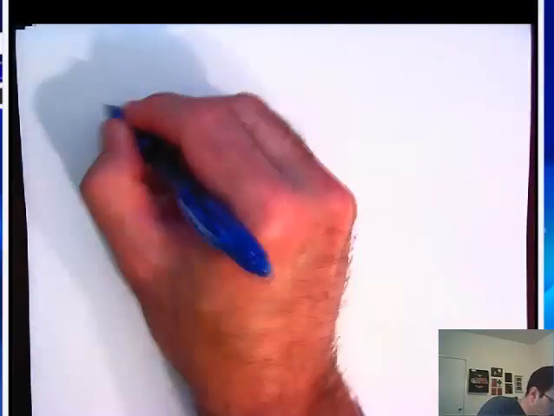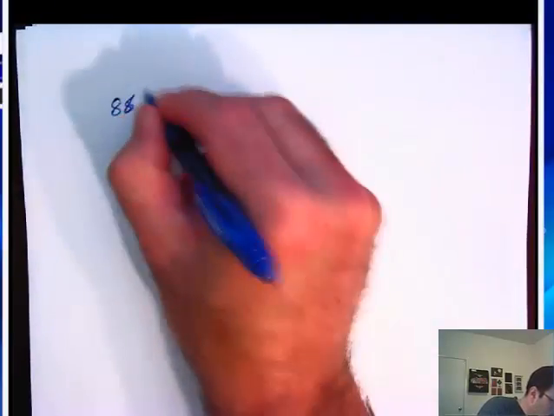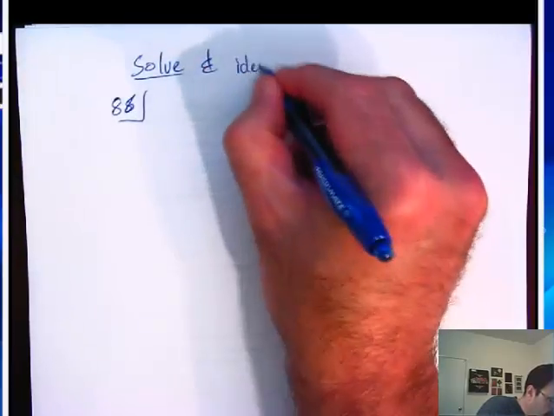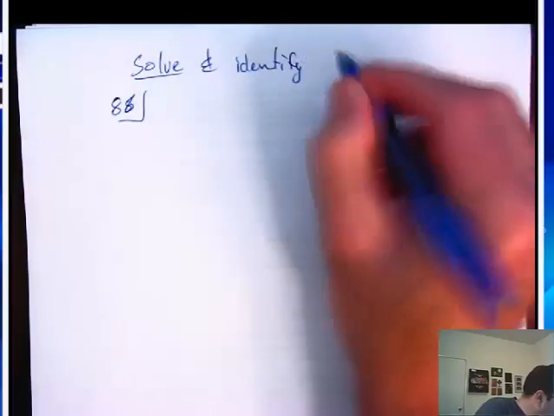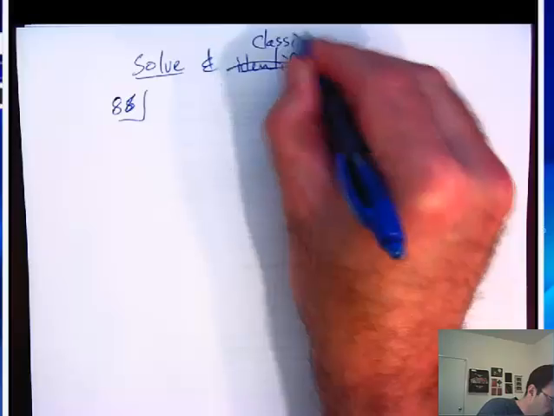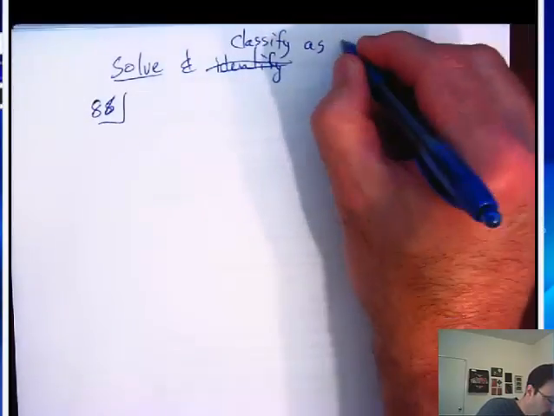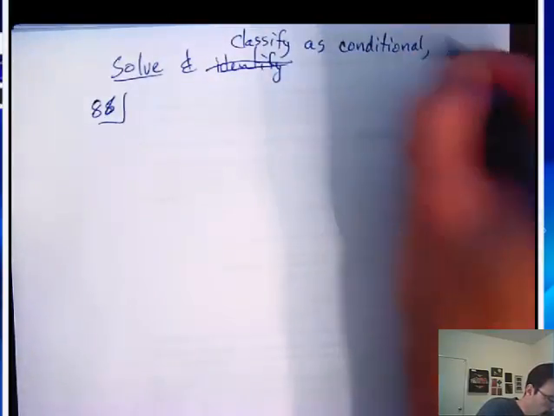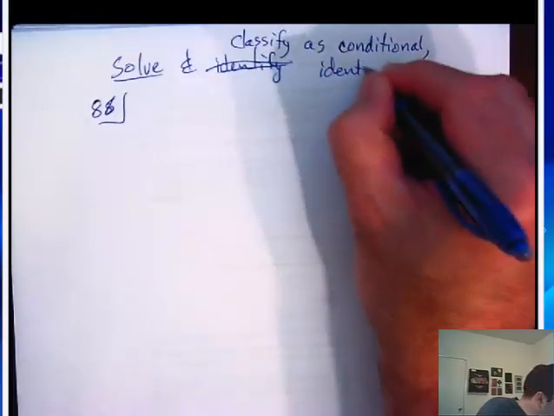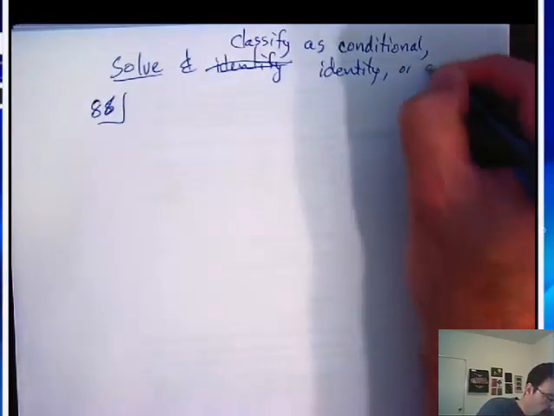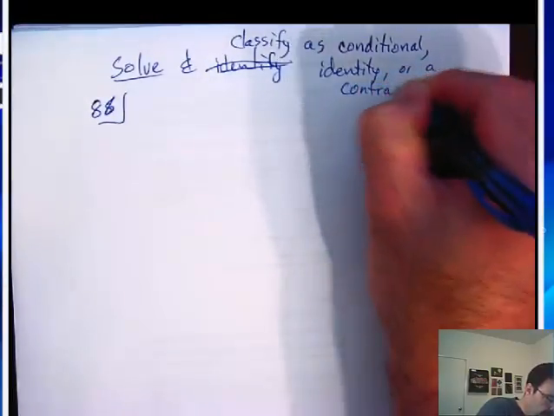So let's look at exercise 86. We're going to solve and identify, or I should say classify, as conditional, identity, or a contradiction.